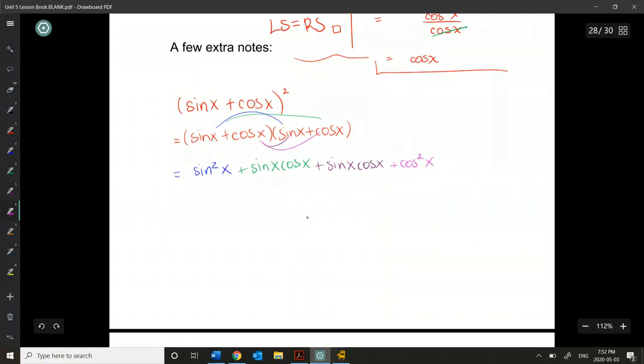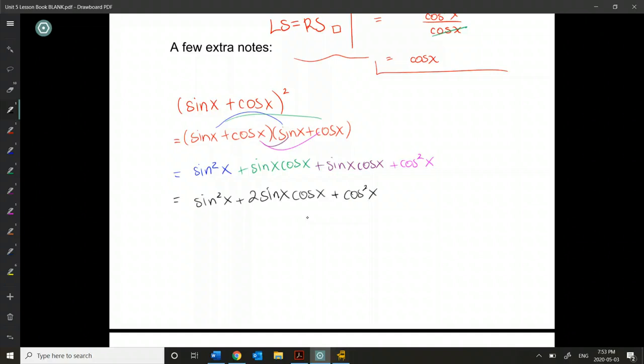Okay, and then we can simplify this to sine squared x plus 2 sine x cos x plus cos squared x. So we can actually do this both ways. If you see this in your trig identity and it's not quite working for you and you need to express it in a different way, you can FOIL it out to this. And if you see this in your trig identity at the bottom, you can actually factor it back into this form. So this works both ways. It depends what our trig identity looks like.